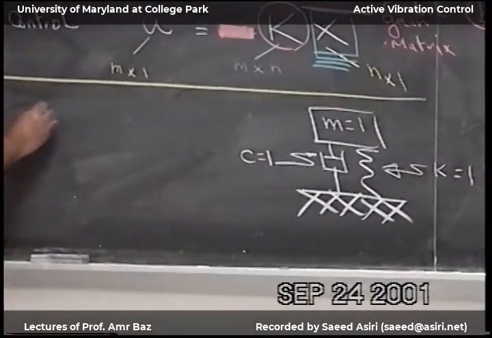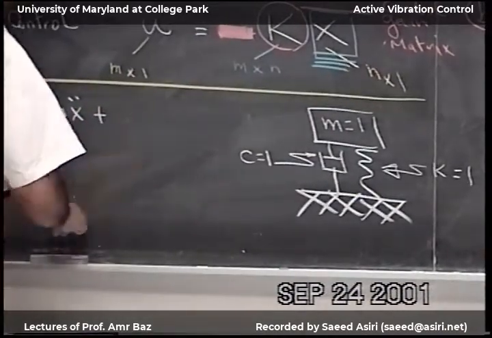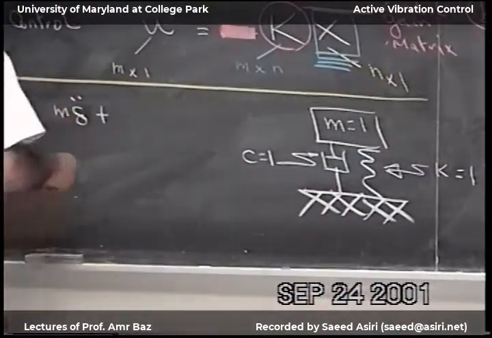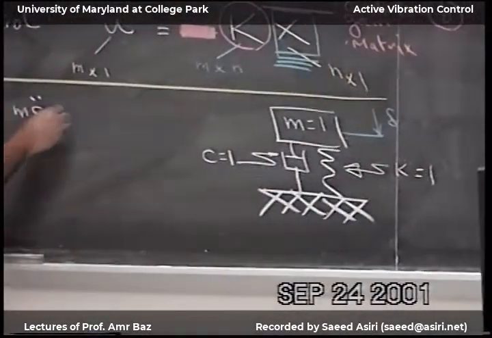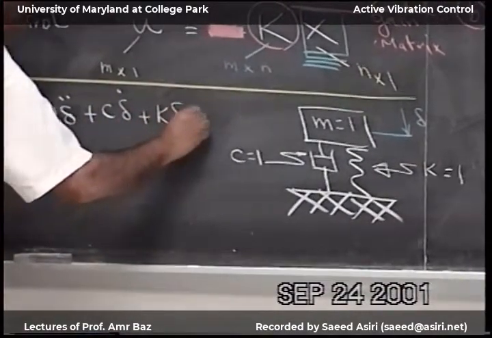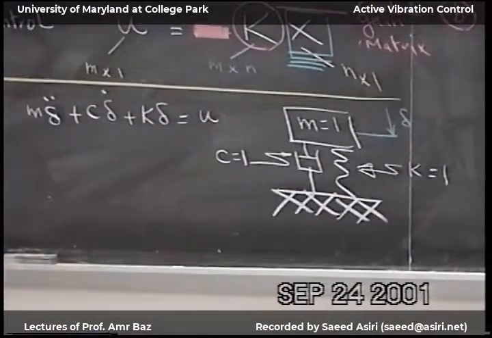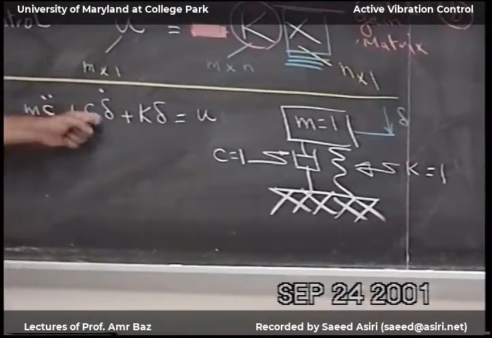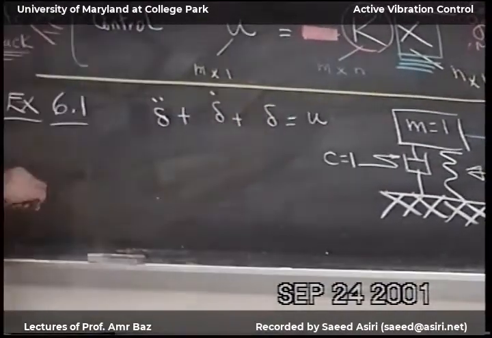So now we have the system. You make this delta. And the delta double dot, C delta dot, K delta is equal to the control force, U. And I'll put this in state space, and I'll plug in the M and the C and the K, so this becomes 1, 1, and 1.